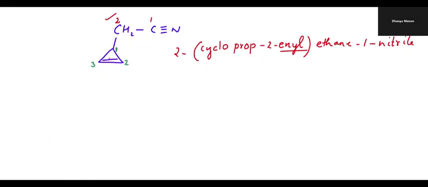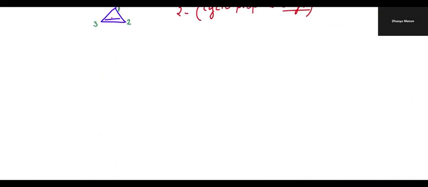Coming to the next question. CH3, C, C, C triple bond N. I'll make it more clear. C triple bond N. CH3. There should be an H here to adjust the bonds.